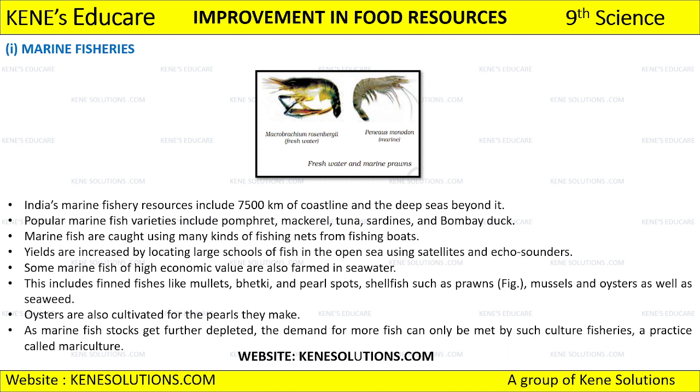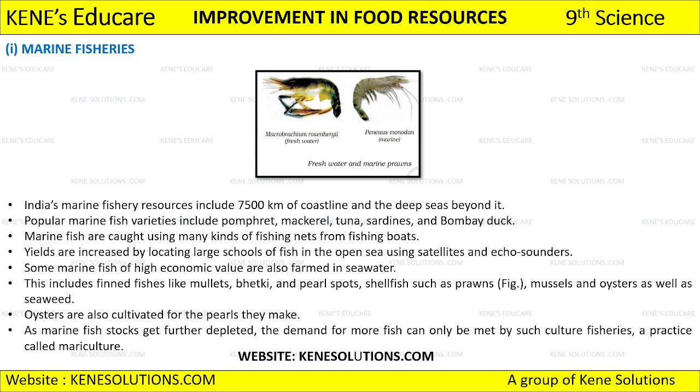Then we have some marine fishes of high economic value that are farmed by the farmers. These include finfishes like mullets, betki, pearl spots, and shellfish such as prawns. Then we have mussels, oysters and seaweeds as well.